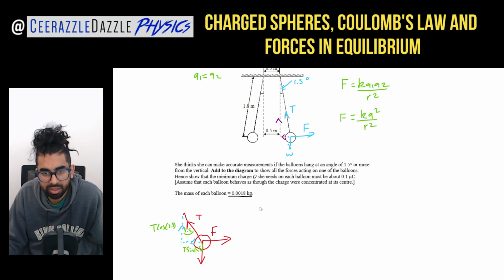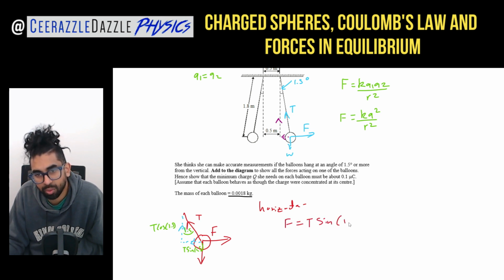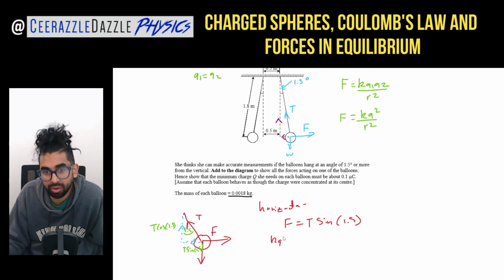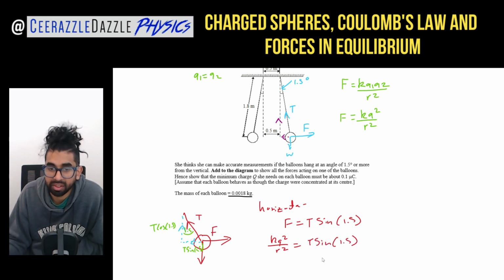So let's write that down. Horizontally, F is equal to T sin of the angle 1.5. And therefore F, which is KQ squared over R squared, is equal to T sin of the angle 1.5.